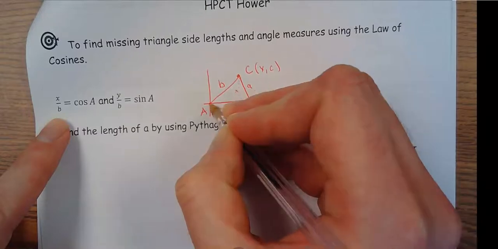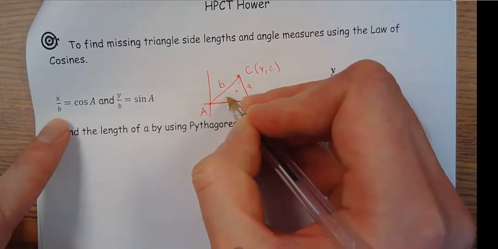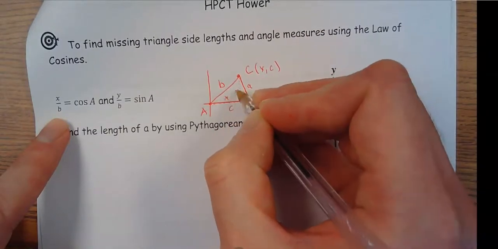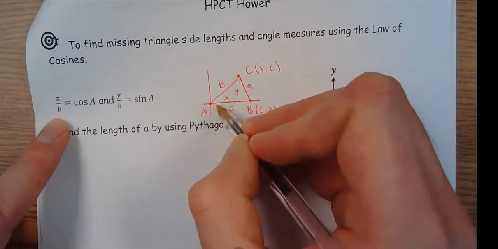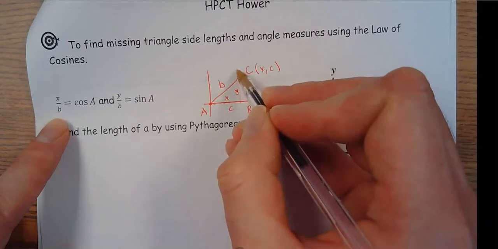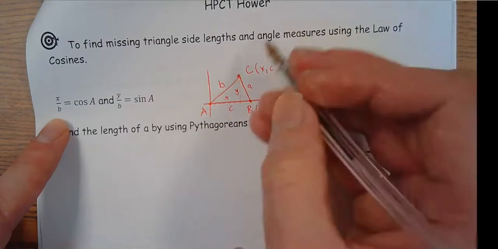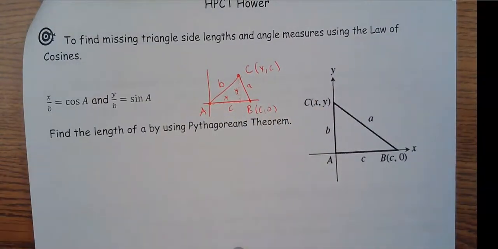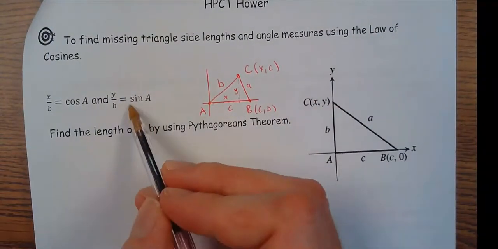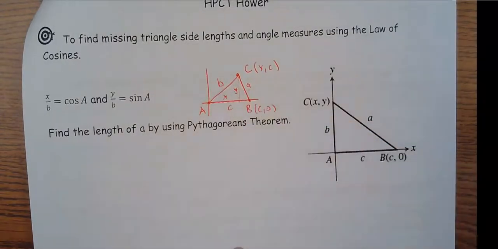This is x and this is y, so the coordinate of C is (x, y). X is shorter than c, and y is shorter than a, so they're not quite the same thing. And sine of A would be y over b.